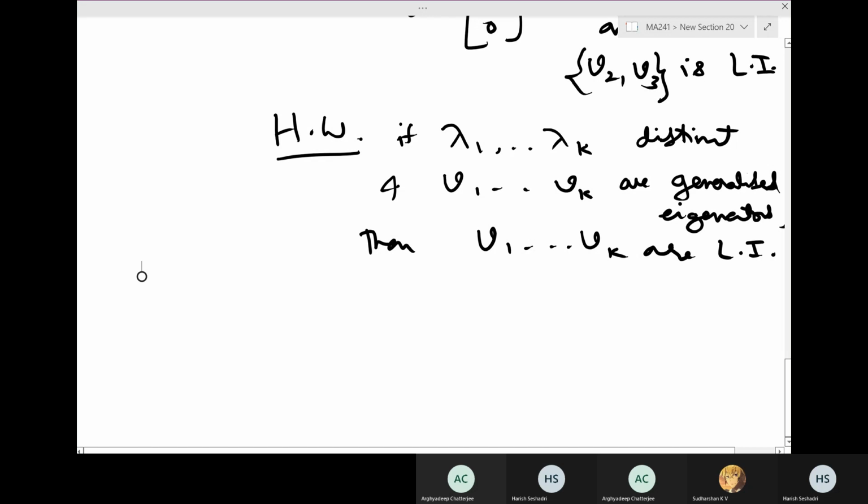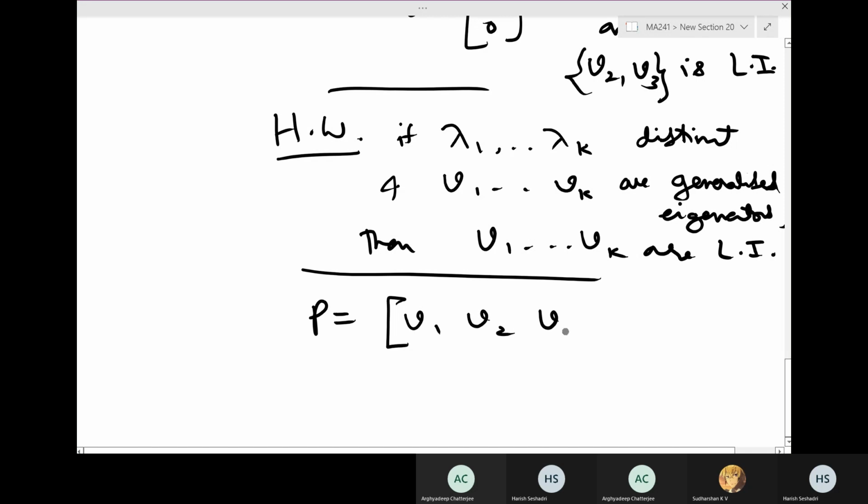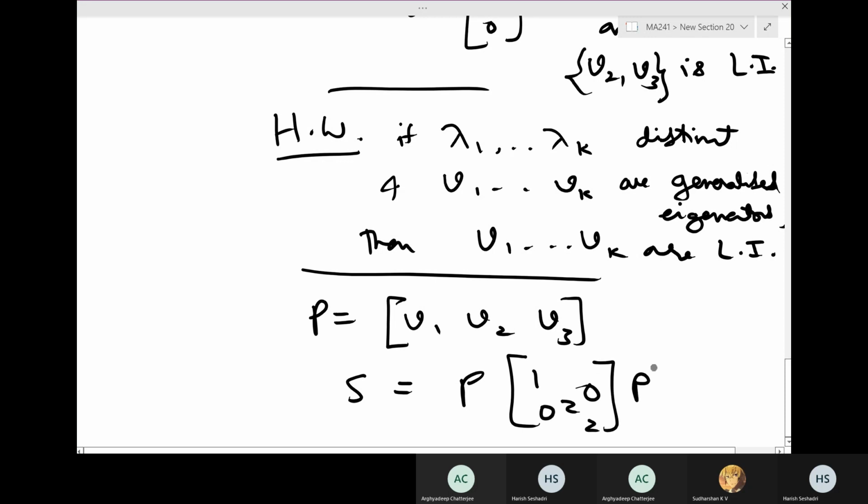But of course, in this case, things are simple enough. One can directly check that it does. So you form the matrix P equals V1, V2, V3. And then go ahead, as usual, you find the matrix S by P times the diagonal matrix 1, 2, 2, 0, P inverse.